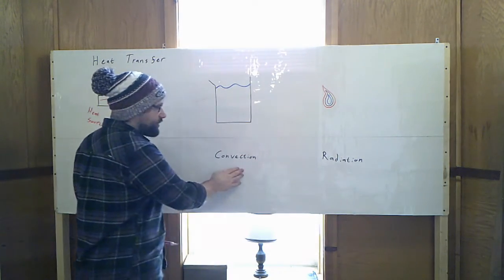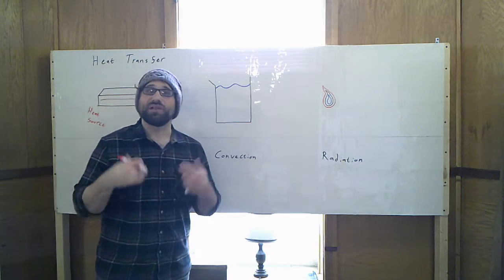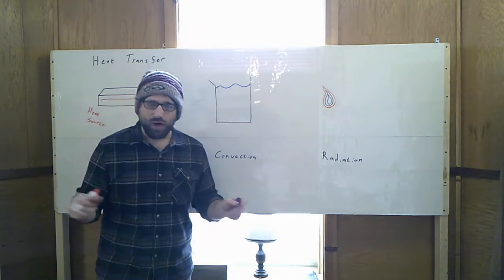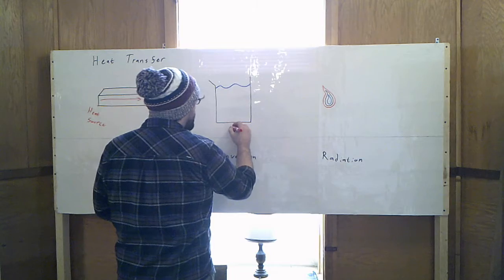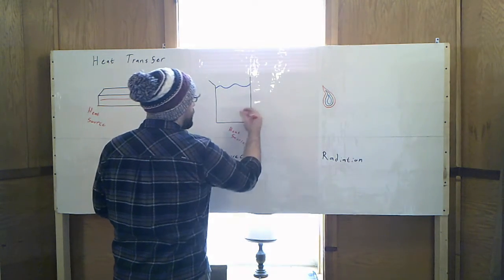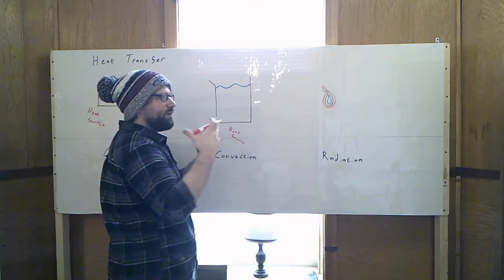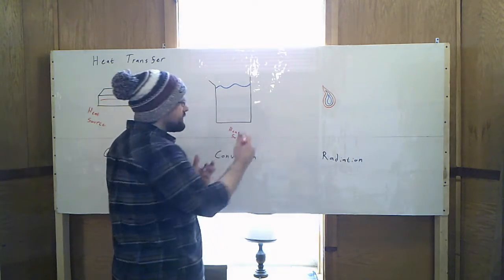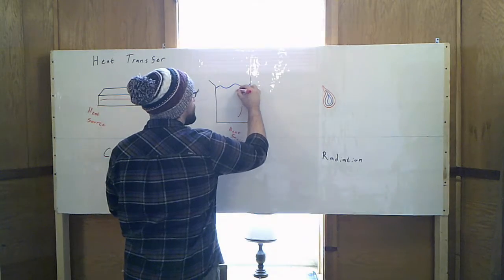We learned about convection, which is how heat and energy are going to move through a liquid or a gas, either one. We learned that from the heat source, the liquid and the gas will become less dense and they'll move upwards.